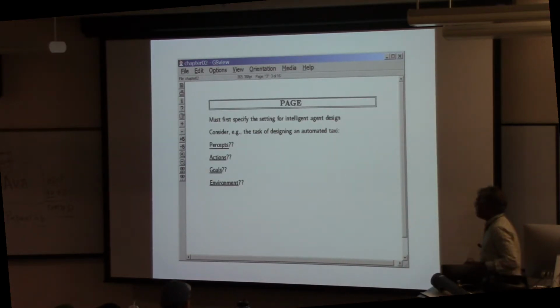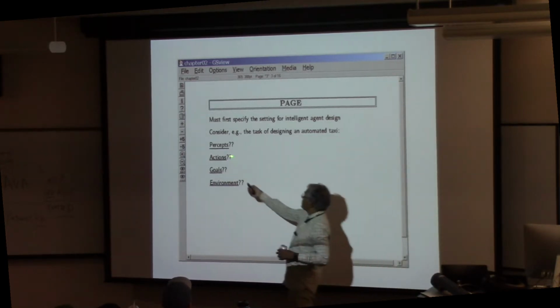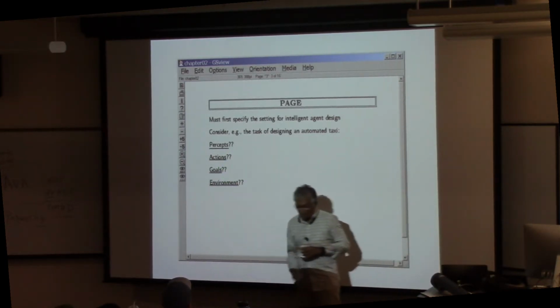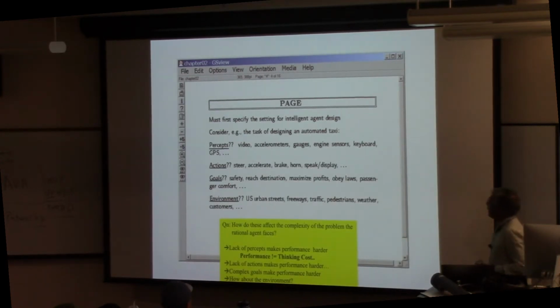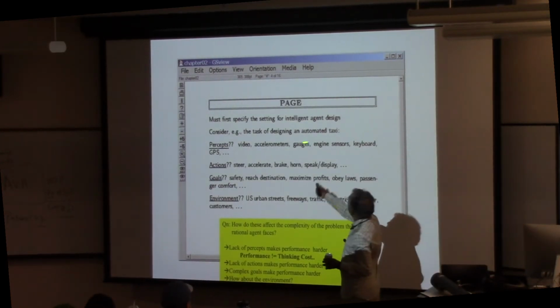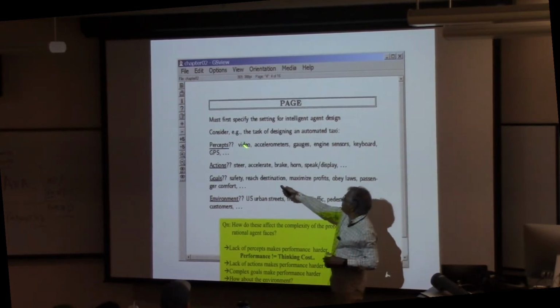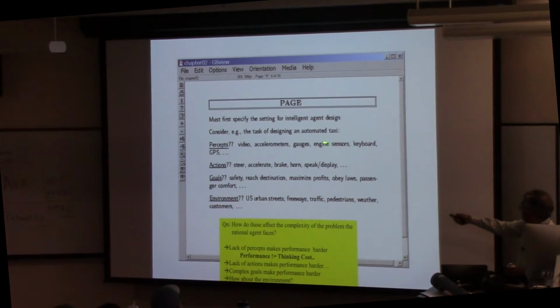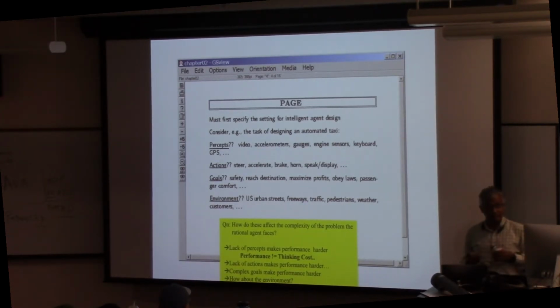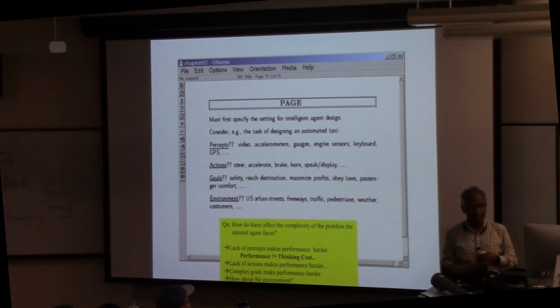Okay, so we basically talk about agents in terms of the percepts they get, actions they get, goals they have, and environments. And so some examples, we'll go a little faster now. For example, the taxi agent, percepts might be some video information, accelerometer information, the different gauges, engine sensors, GPS information, etc. These are all percepts that it's getting.